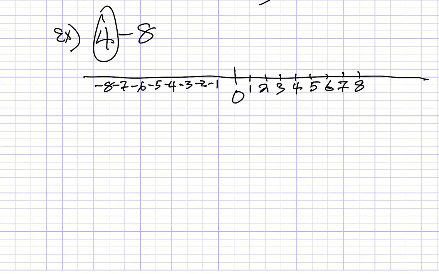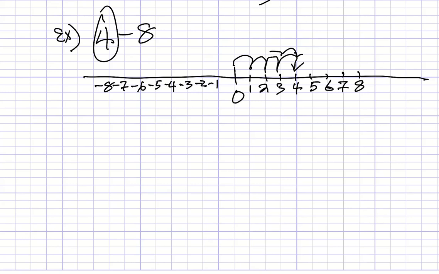You go from 0 to 4. 1, 2, 3, 4. You go from 0 to 4 in the rightward direction, and then from there you go to -8. From 4 you count 8 units to the left because you're dealing with -8.